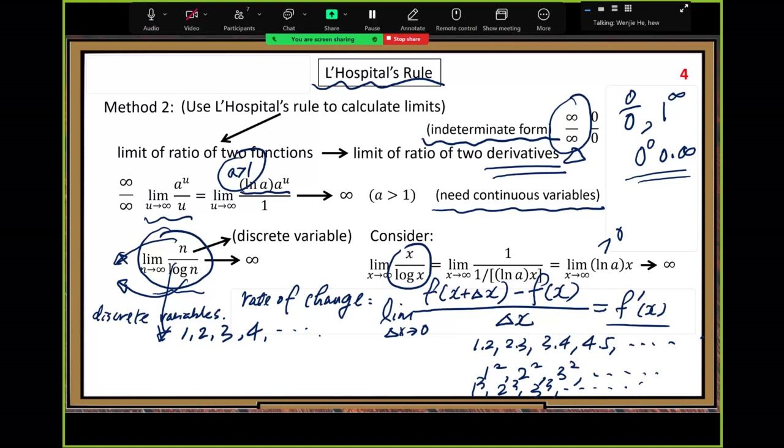Okay? Try to understand the logic. I do not ask you to just do the same thing. Here I ask you to understand all the logic behind our results. Then you just apply our results.